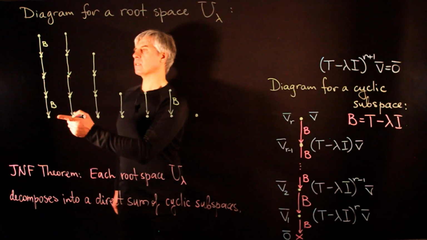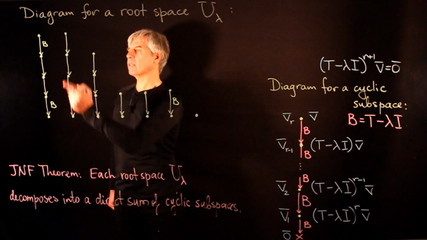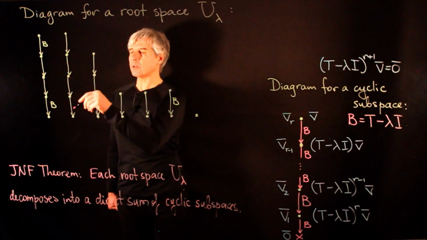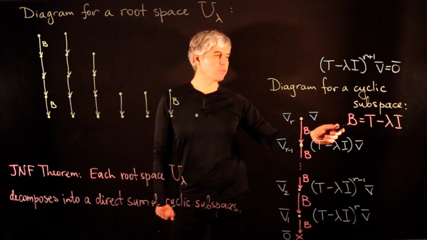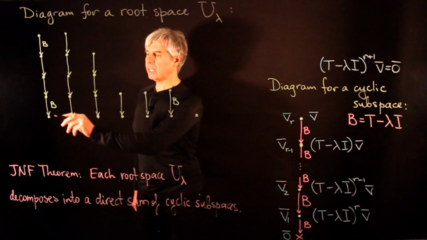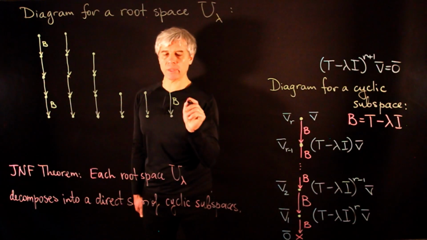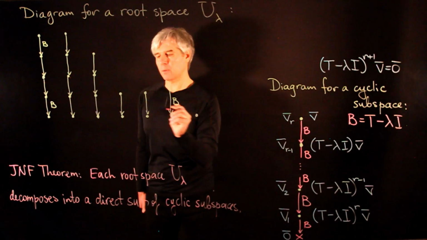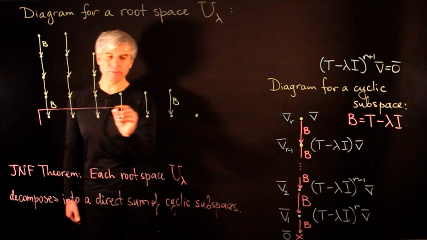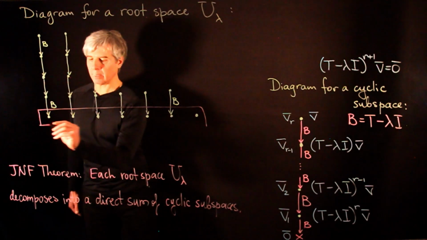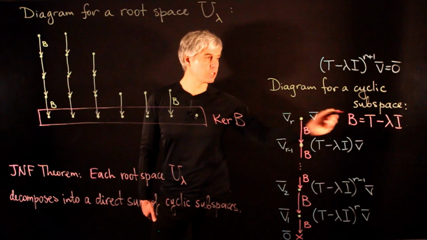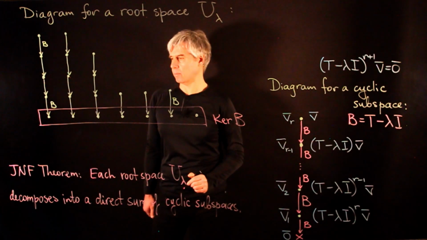Each basis of a cyclic subspace we can represent by this strand, where down arrows represent the action of the operator b, which is t minus lambda I. When we hit vectors on the ground level with the action of operator b, we get 0. So this means that this ground level represents the kernel of the operator b, which is t minus lambda I.